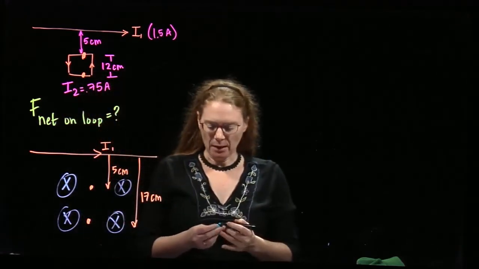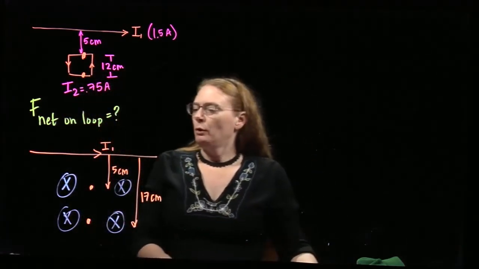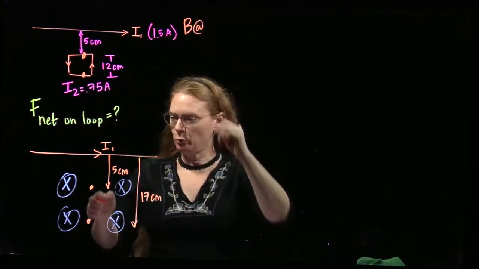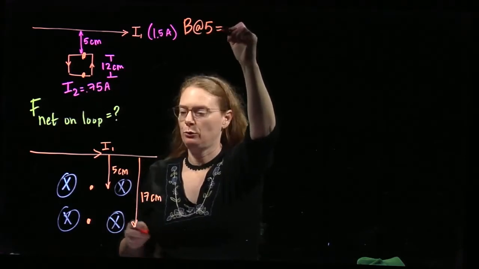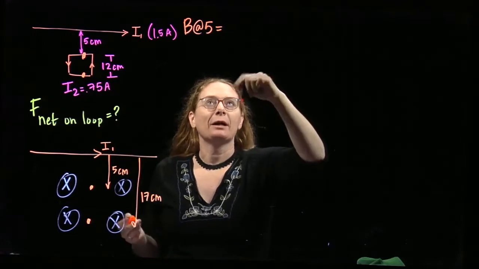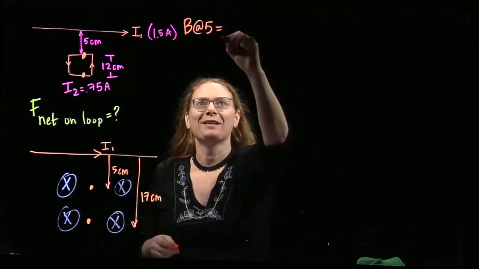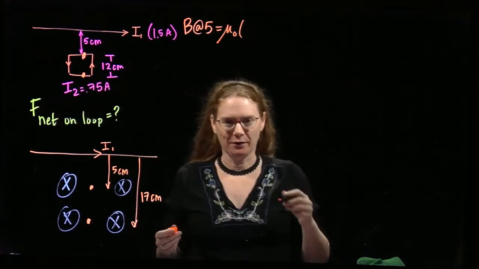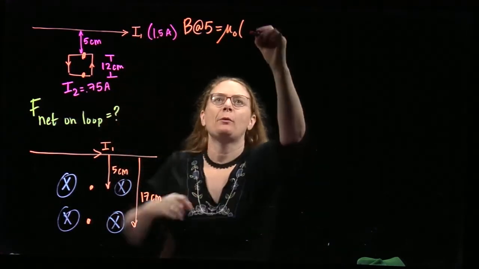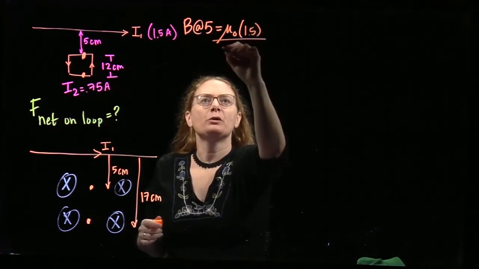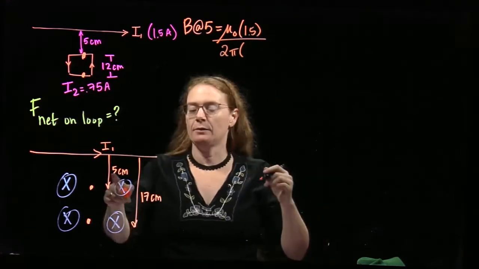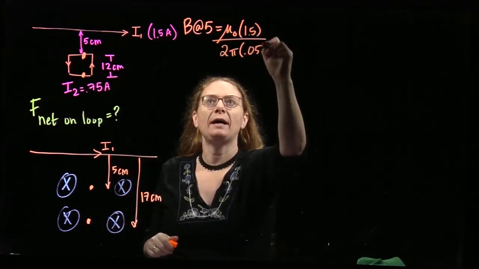All right, how big is that magnetic field? Well, we can calculate that. So let's do the magnetic field at those 2 points, at the 5, and then we'll do at the 17. The equation for the magnetic field from a current carrying wire is mu naught times the current that's causing the field, which is I1, so 1.5, over 2 pi times the distance away, and I want the 5 centimeters, converted to meters, 0.05.